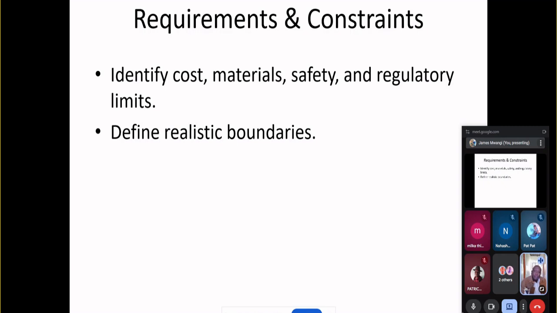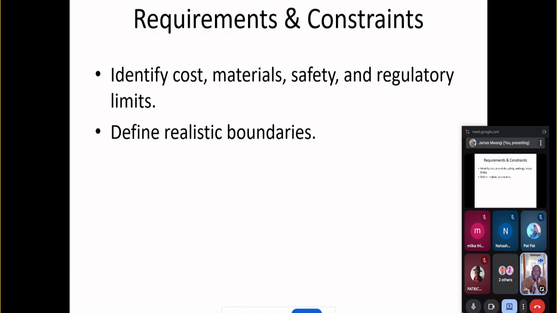Then you look at the requirements and constraints. First, you identify the cost, the materials, the safety, and regulatory limits. In Kenya, the government policy says you cannot build more than 1 kilometer. So you have to look at these regulatory limits. Also the environment: maybe in Nakuru, you cannot build high-rise buildings.